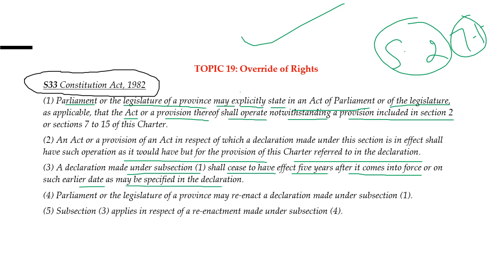So whenever any parliament authority or provincial authority makes any law which is against section 2 or 7 to 15, sometimes a date is mentioned that okay, till this time this will apply, but the maximum time is 5 years. After that, that particular provision will stand ineffective, but they may re-enact such declaration. Subsection 3 applies in respect of a re-enactment made under subsection 4, so this one.